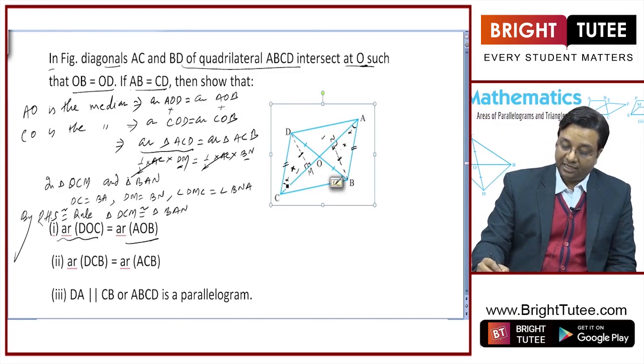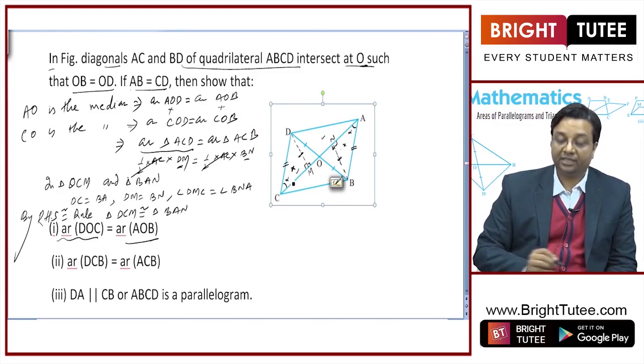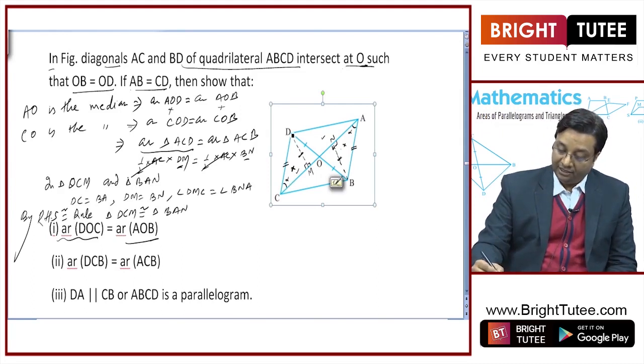Now, what are these angles? These angles are alternate interior angles, right? So line CD will be parallel to AB. So from here I can say angle DCO is equal to angle BAO.